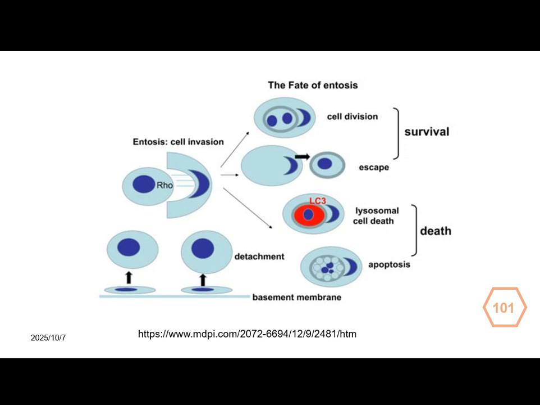Dying and surviving require different pathways. The one that can escape is by cell-eating-cell, so they can survive. But if it gets autophagy or fusion with the lysosome, the cell will die. So it really depends.